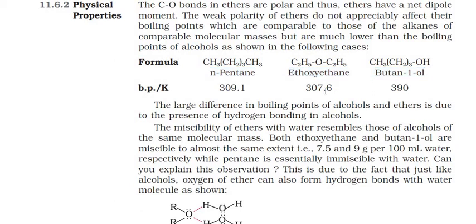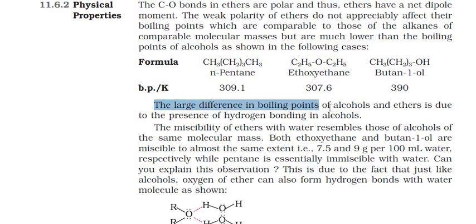The values are very close, 307, 308, 309, okay, so there is a difference of only 1 degree. But look at this, it is 390 Kelvin, so it is again a bigger difference, almost 81 Kelvin you can say. Okay, so why is it so?